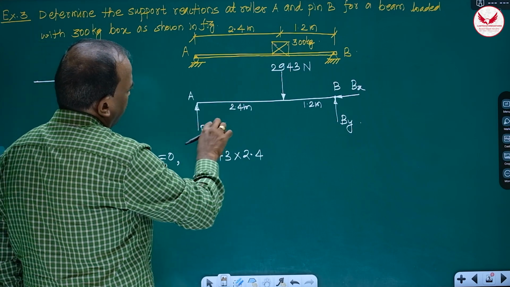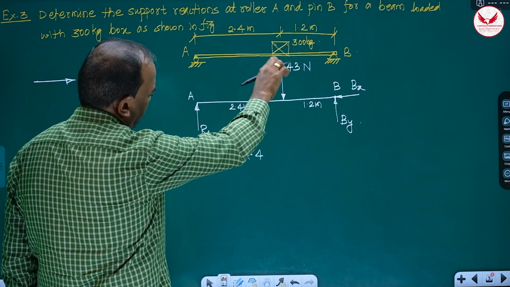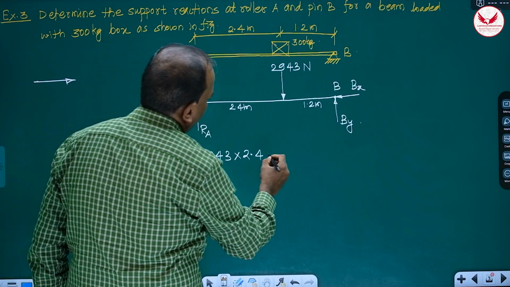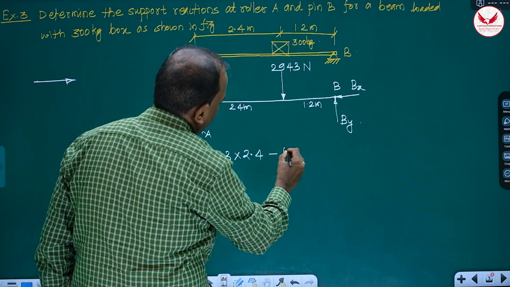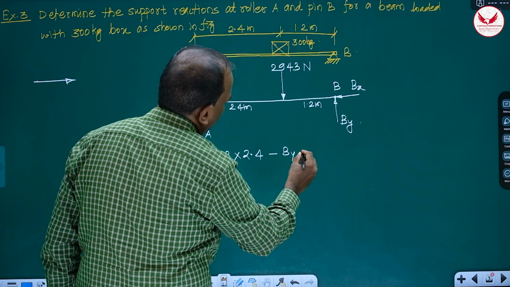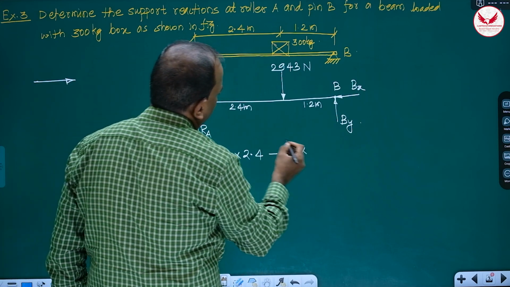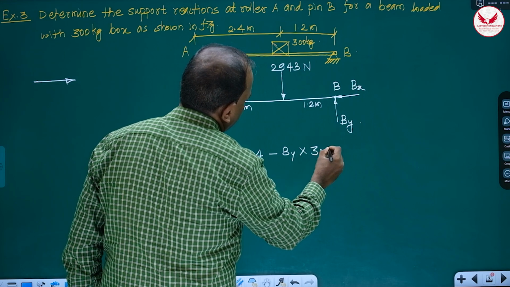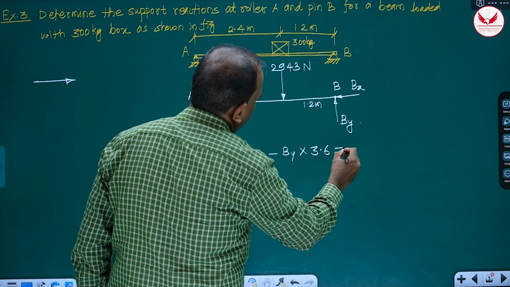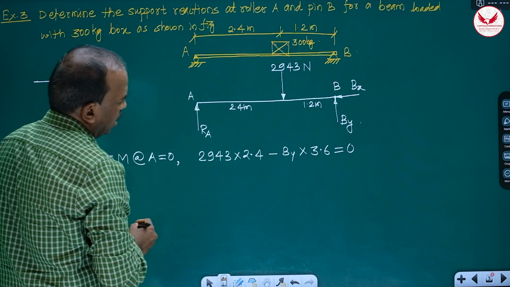The moment of Bx is also 0. This moment we have calculated, minus By into 3.6. It is anti-clockwise moment, hence it is negative.